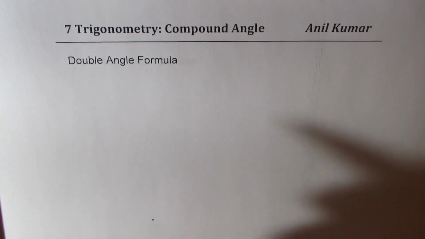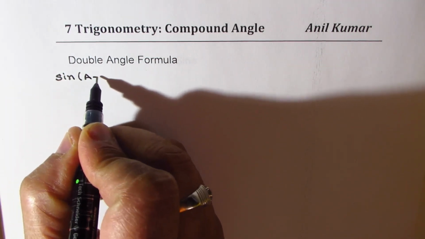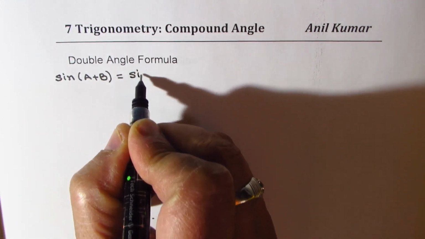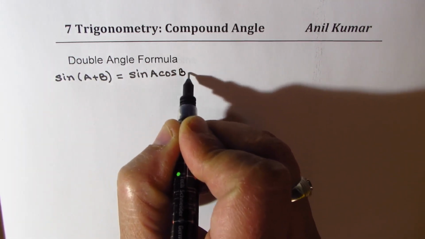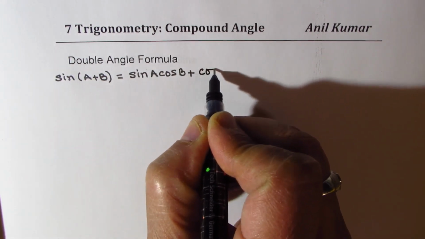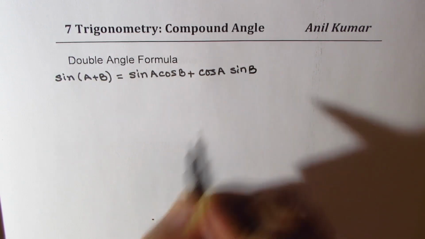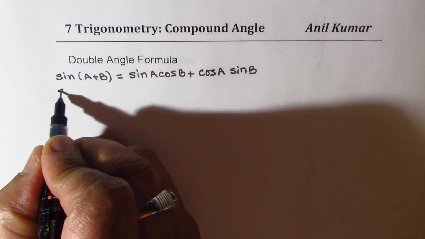The double angle formulas, let's begin with sine. Sine A plus B is what? It is sine A cos B plus cos A sin B. Now if I substitute B with A, then what do I get?